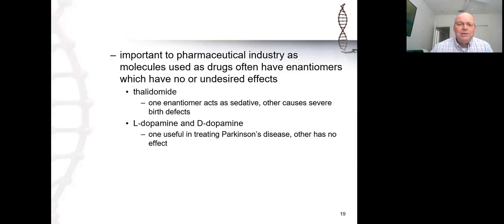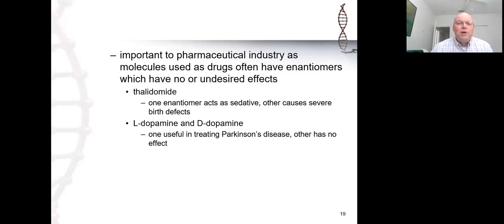So in the case of dopamine, which is used for the treatment of Parkinson's disease, one of the enantiomers is a naturally occurring form of dopamine that's made in a set of cells found in the brain. When those cells stop making dopamine, we have the beginnings of Parkinson's disease. So you can treat it by supplying a synthetic form of dopamine, but the synthetic form has both enantiomers present.